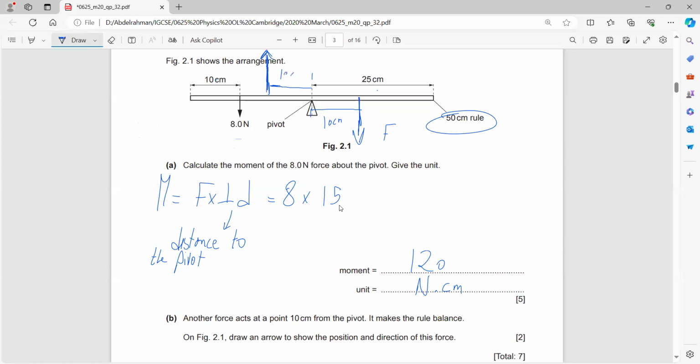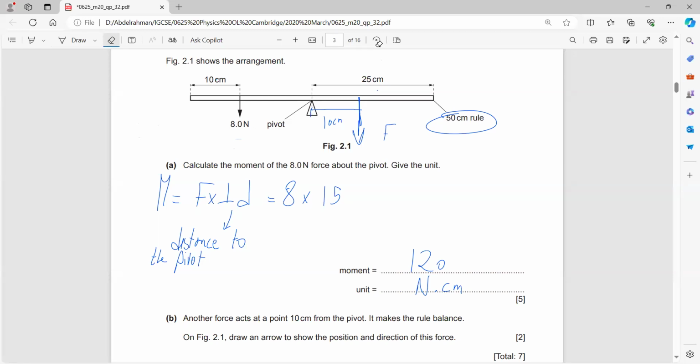If you drew it on the left side, it would balance. This would have been a bit harder to comprehend, but it would have been right. But again, the easier way to balance this ruler is to just put the force on the right hand side and facing downwards.